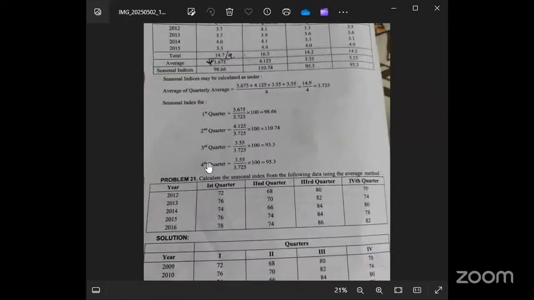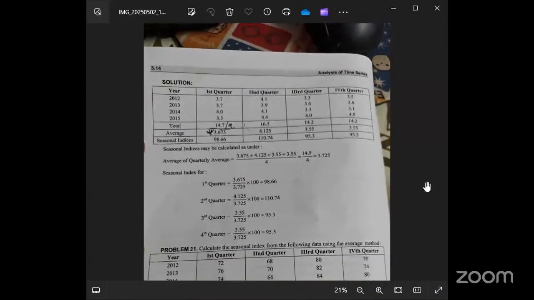So continuing that problem, we are seeing here how to do this. This is the question given to you: adjust the following time series data for seasonal variations. They have given us first quarter, second quarter, third quarter, and fourth quarter.